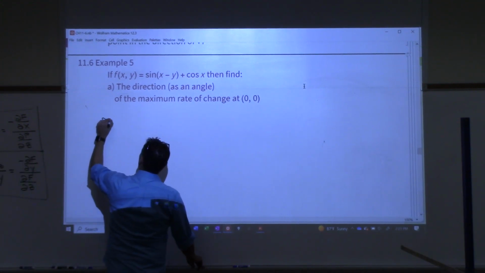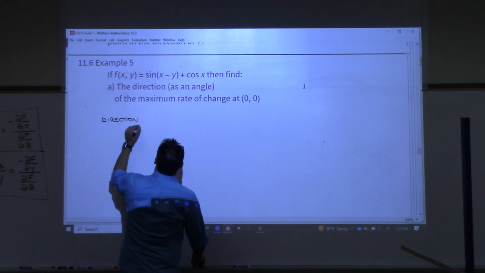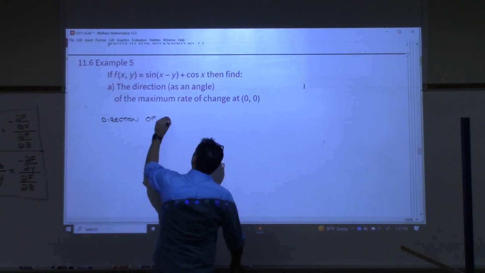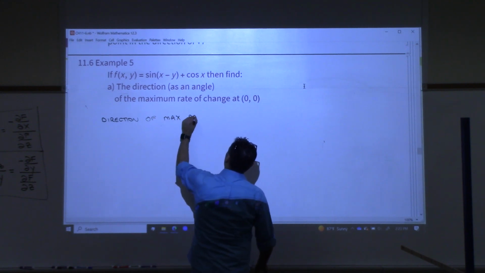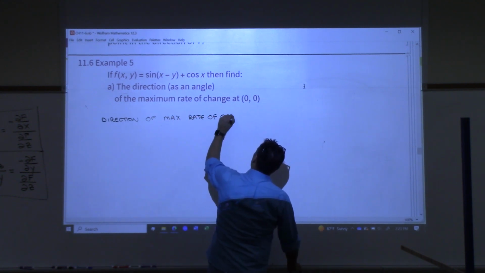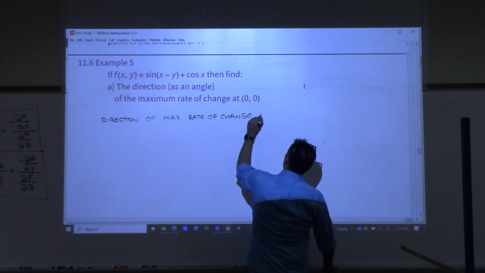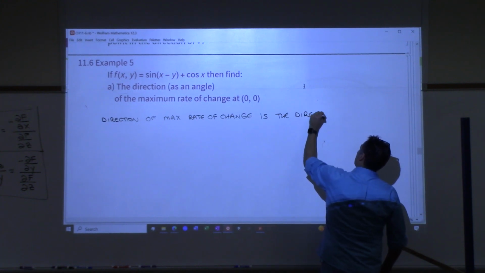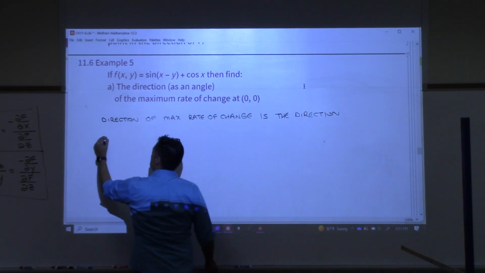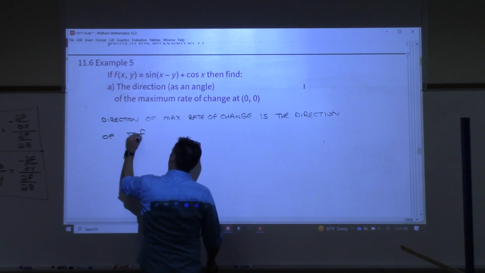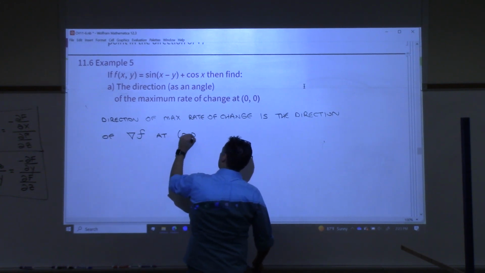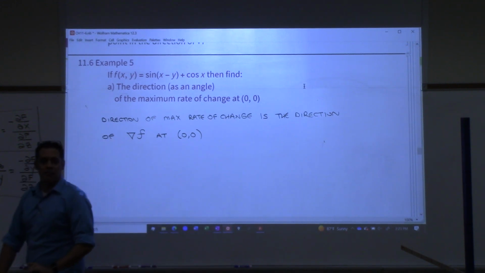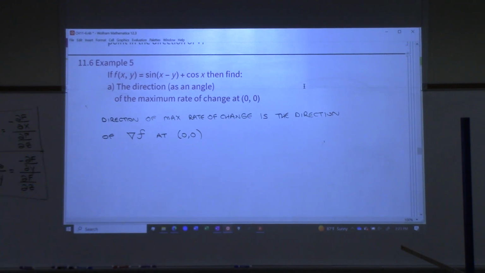The direction of maximum rate of change is the direction of del F at the point 0, 0. That is the main takeaway from the previous note. If I want to know the direction of the maximum rate of change, I'm going to need to point in the direction of the gradient vector at the specific point I'm looking at.